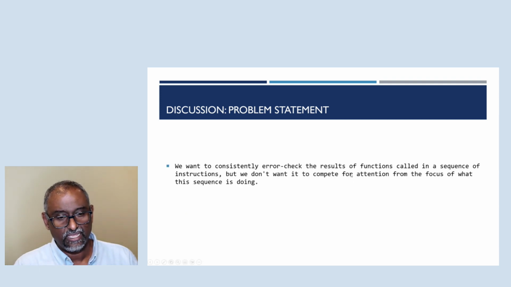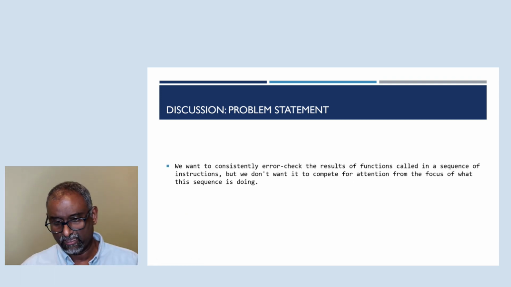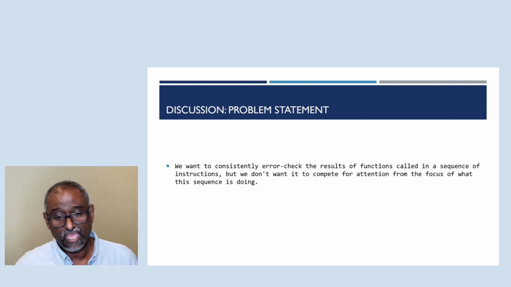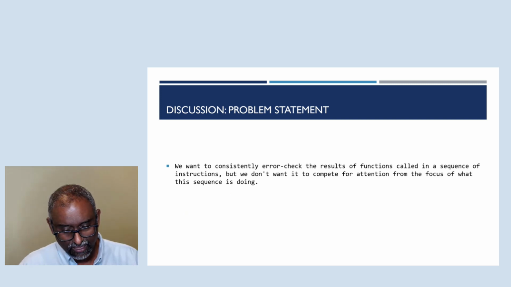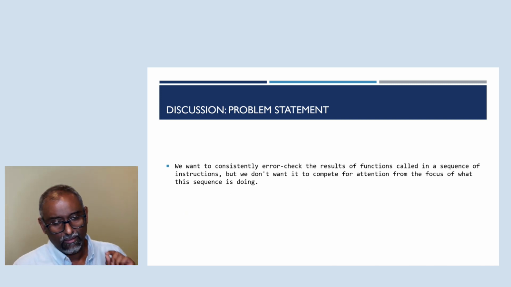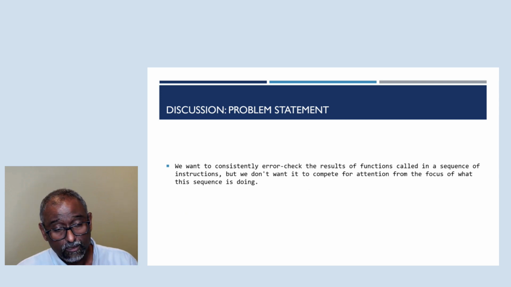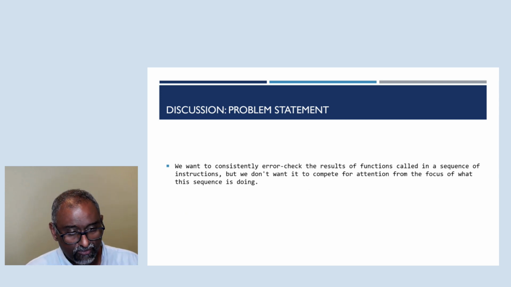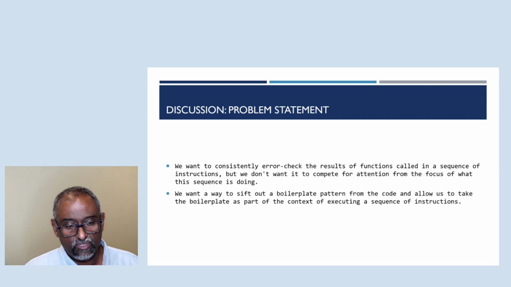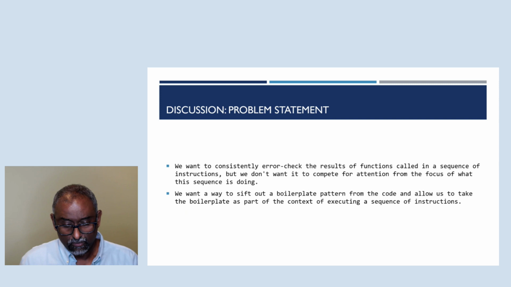We wanted to consistently error check the result of functions, and we don't want the error checking to compete for attention, right? That's naively what we wanted to do. But after a little bit of thought, a little bit of analysis, a slightly more insightful approach is to state the problem this way: we have a boilerplate pattern.